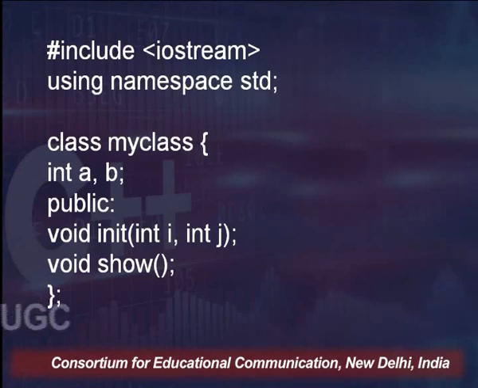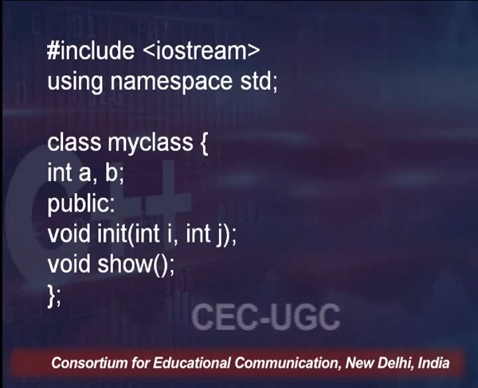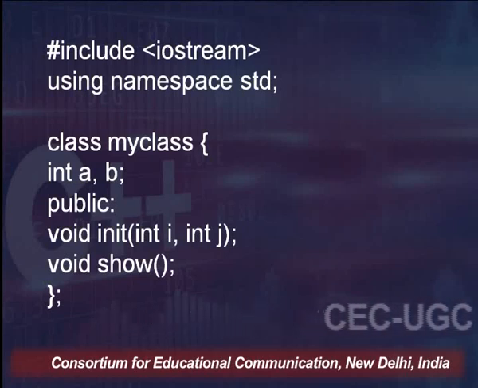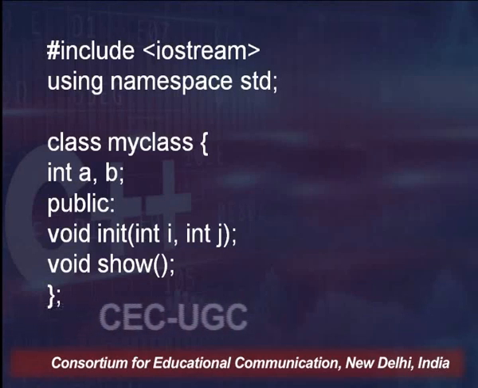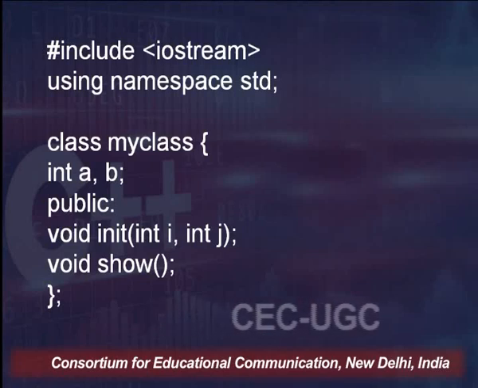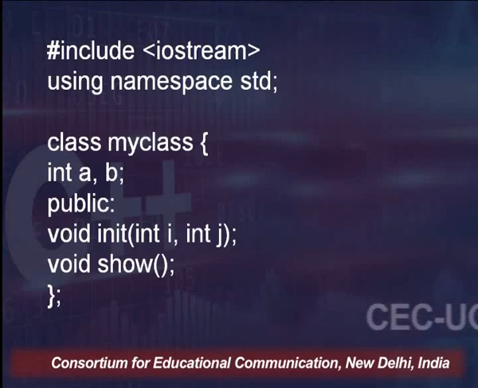Here, if the definition of the function is within the class, your member function is treated as automatically inline and will be given inline treatment if possible by the compiler.